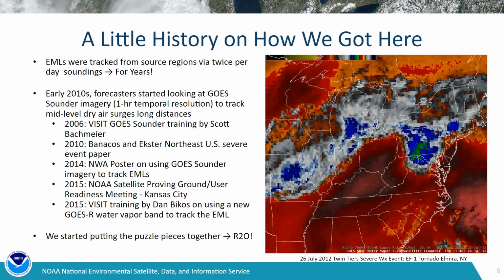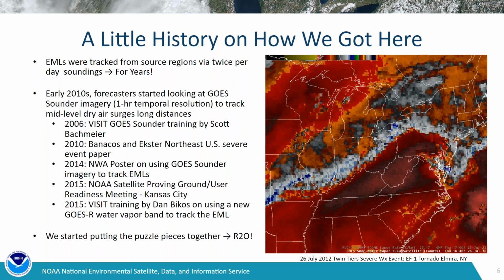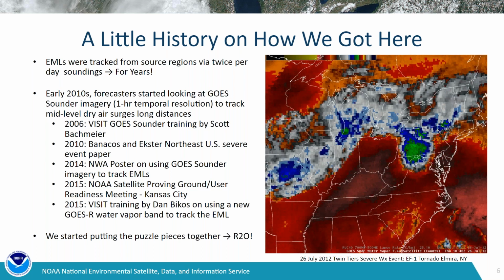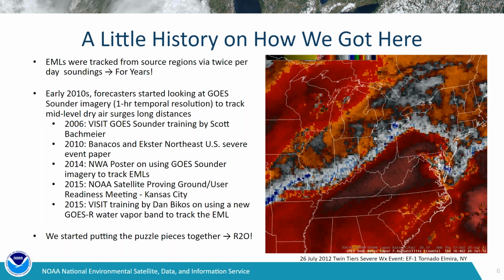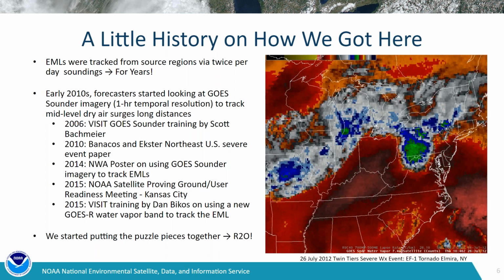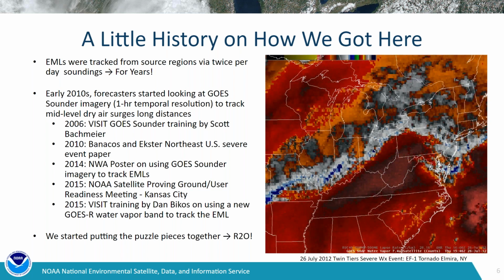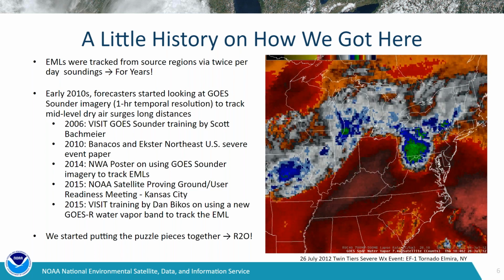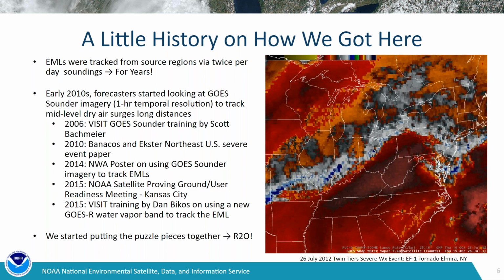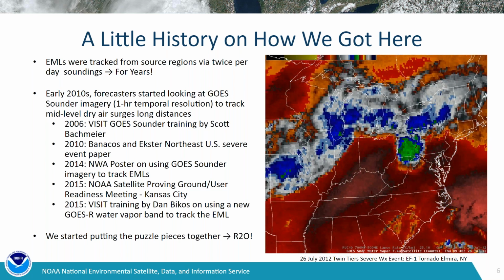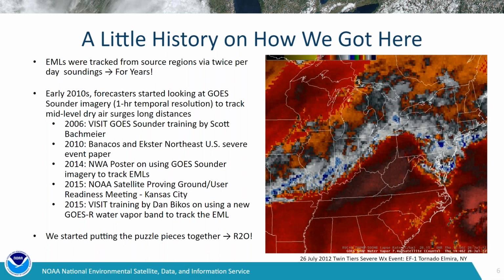Then the topic gained more traction at the GOES-R Users Conference in Kansas City, and later in 2015, Dan Bikos released one of the first segments of training highlighting the future capabilities of the GOES-R satellite for tracking elevated mixed layers in time. So we really started to put the puzzle pieces together during the 2010s, and really it's research to operations.